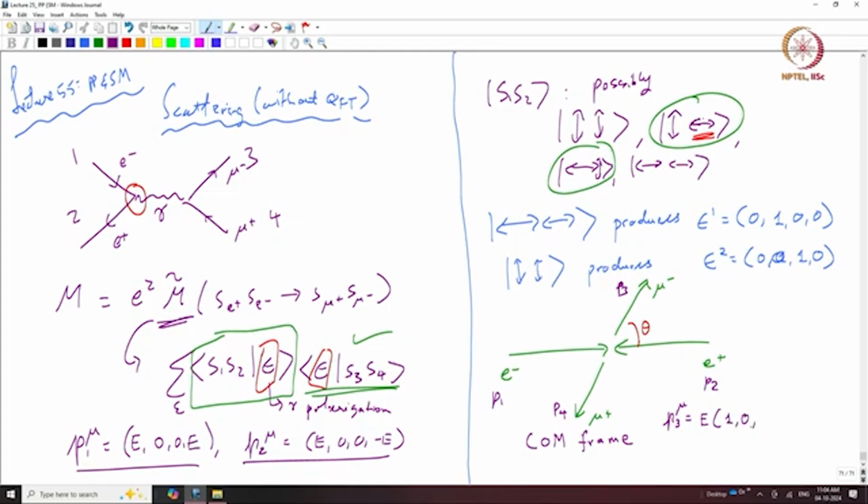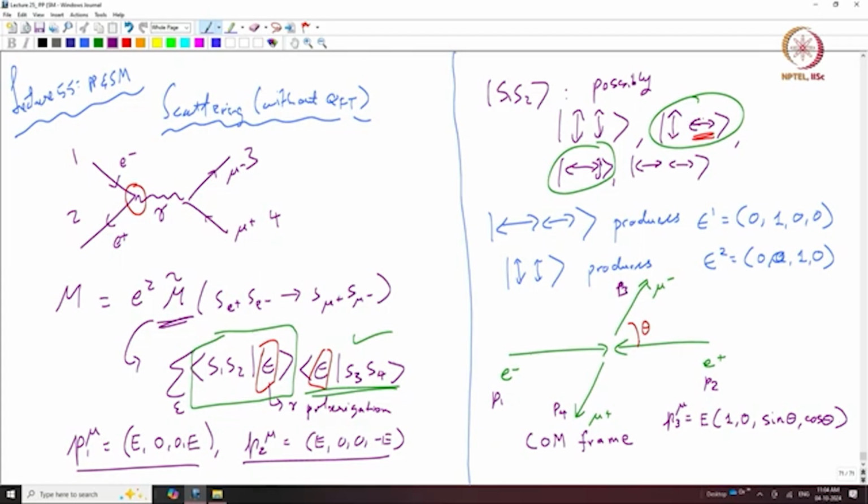I have 0. Now this is the xy plane still, right? So I have sine theta, cos theta. Okay, is that clear? It's just trigonometry, right?